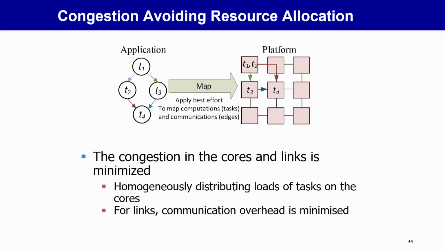Don't put the ones that need to communicate far away. So this is congestion avoidance. And the same can happen everywhere, like in data centers and servers. It applies everywhere.